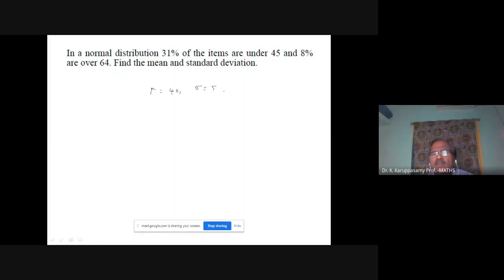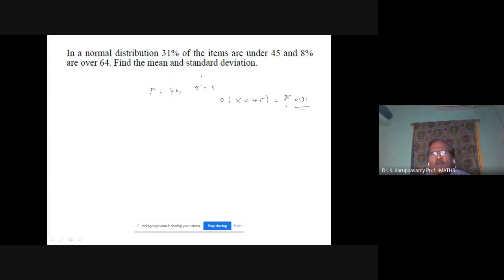Normally, what they ask is, what is the probability for x less than 45? This is what we need. Now, here x less than 45 has probability 31%, which means 0.31.